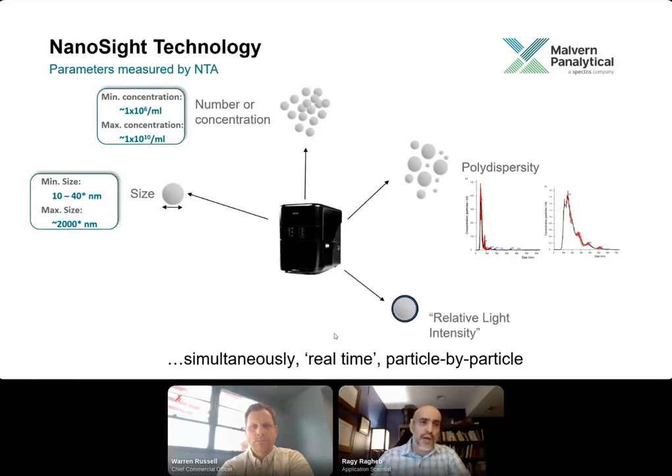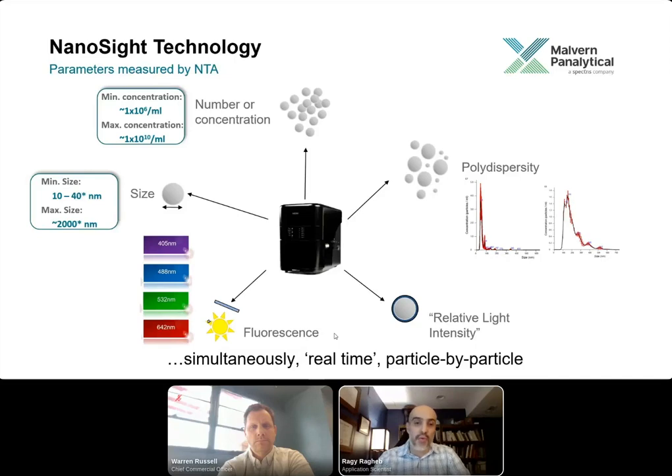Furthermore, if you are looking at particles of the same size but of different compositions, one could be something like a metal and another could be a nanobubble, they might have relative light intensity differences. And so you can distinguish those with the NanoSight software as well. People also will look at fluorescent moieties in conjunction with nanobubbles.